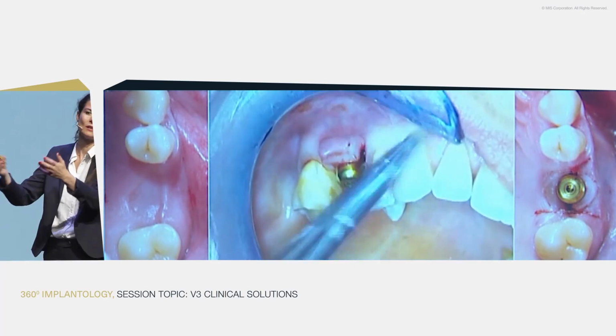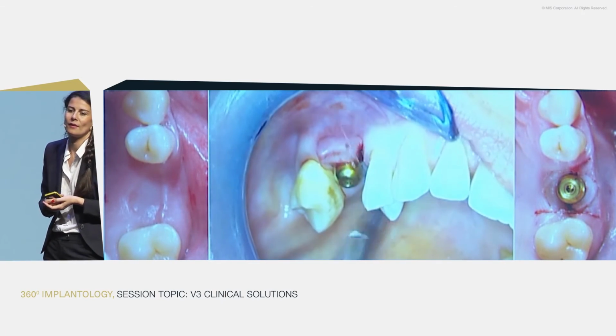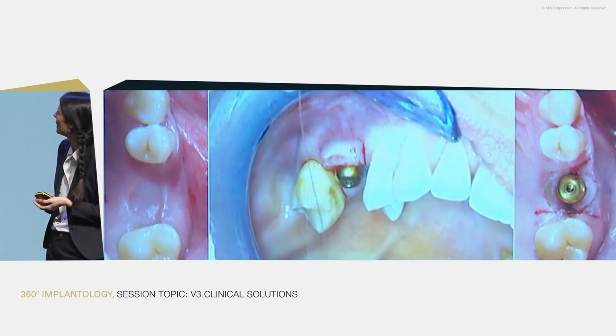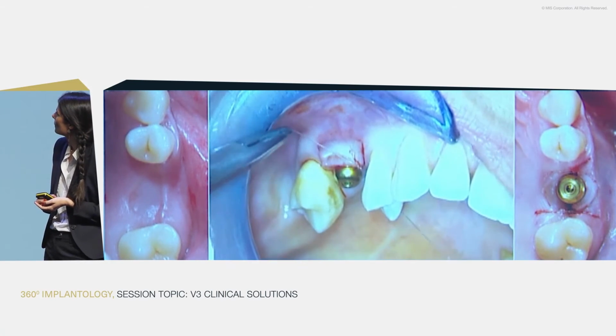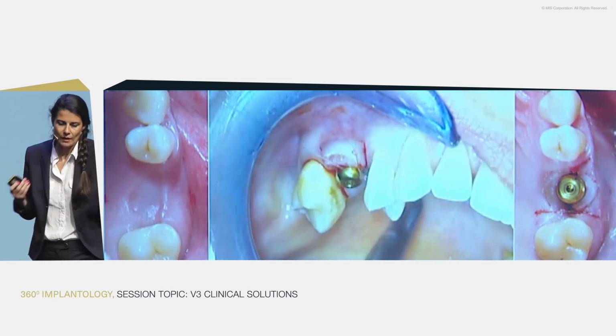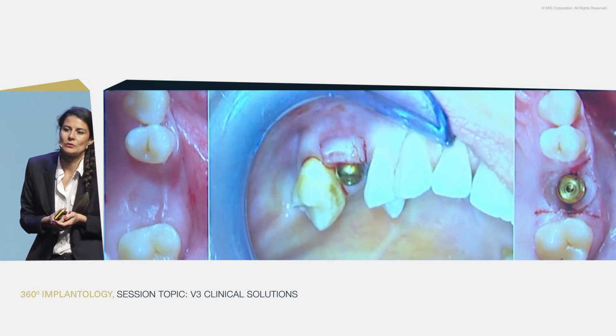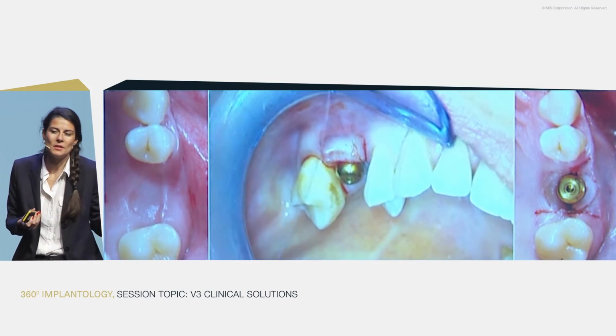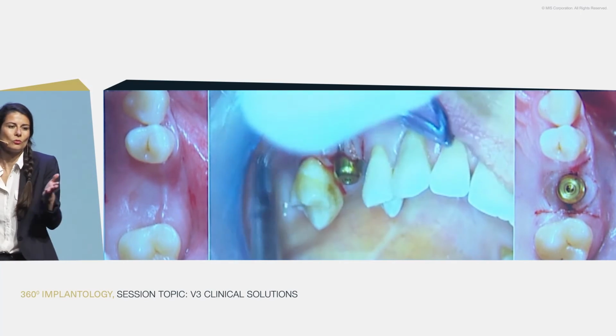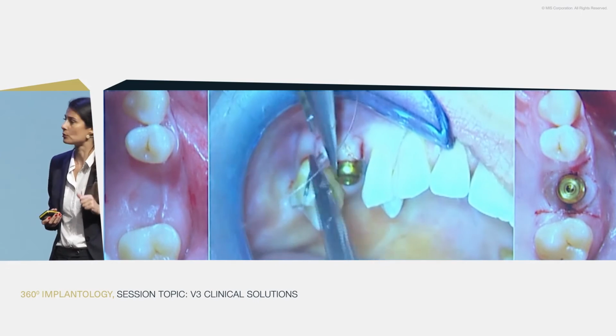It could serve as a healing abutment as well, and since we have good primary stability, you can also tighten your multi-unit, maybe not at 30 Newton, but 15 or 20 at the time of the surgery.